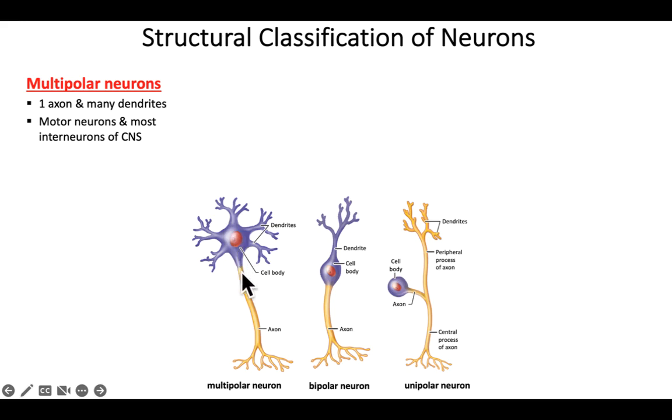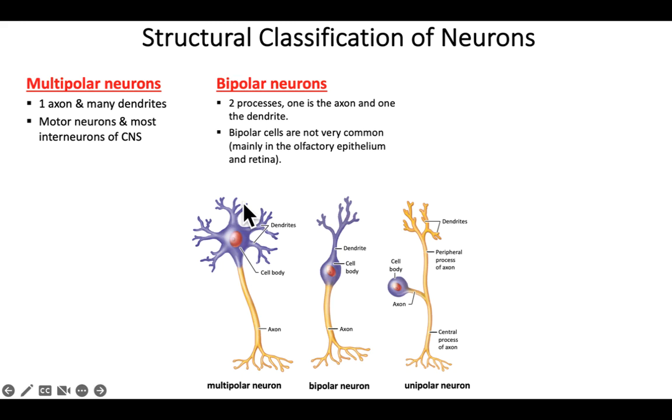And then you have one axon. So this is a multipolar neuron. Typically, these are going to be motor neurons. So they're going to kind of extend from the CNS and control something. Or they're found completely within the CNS, and they're known as interneurons.